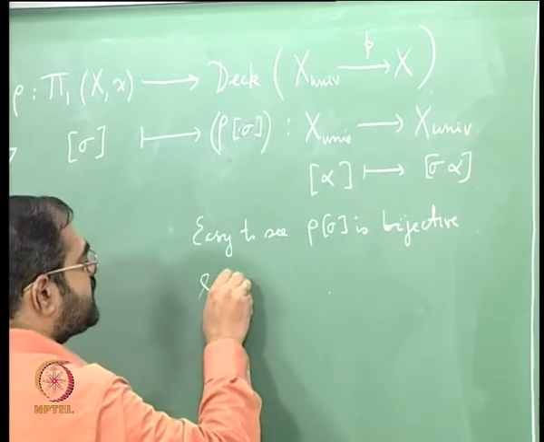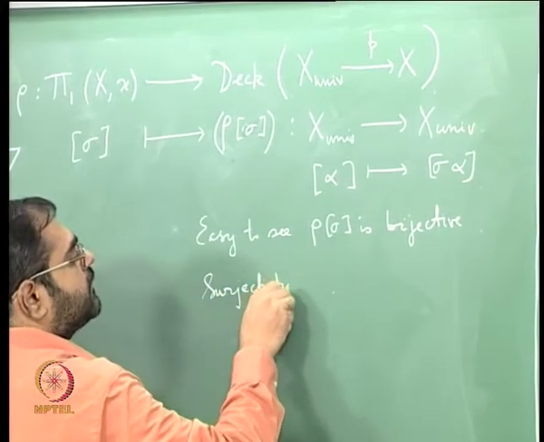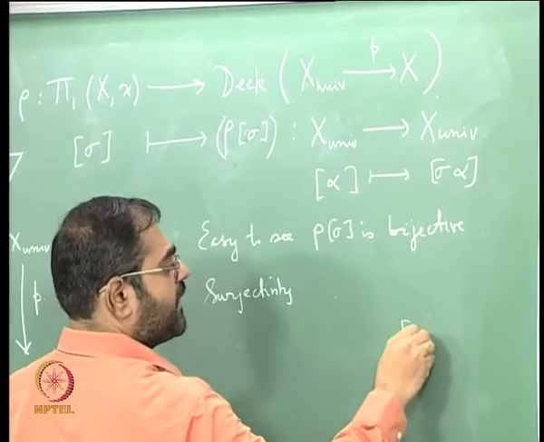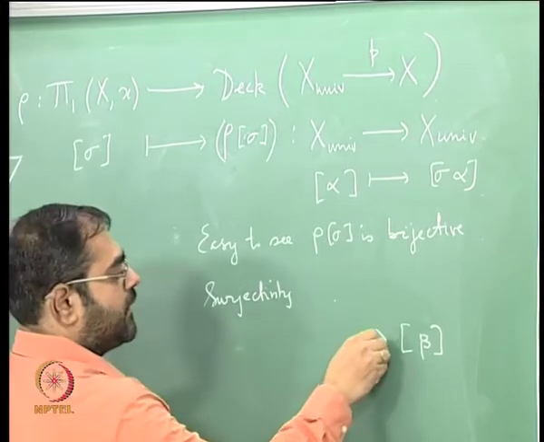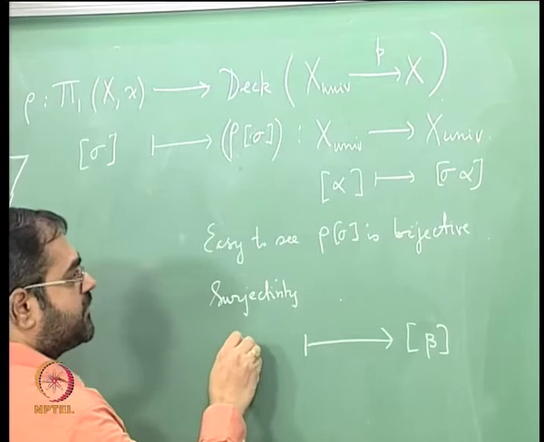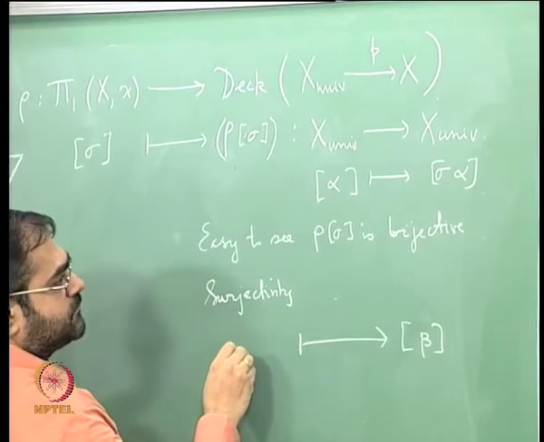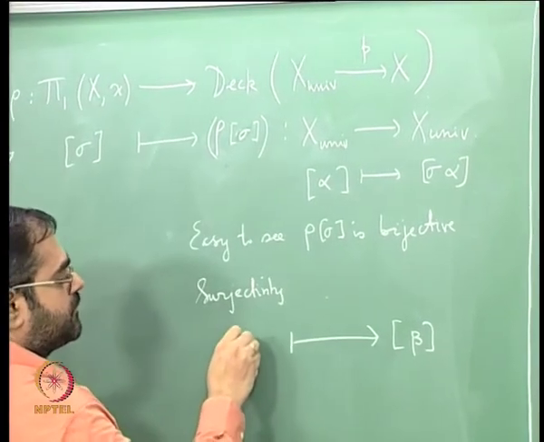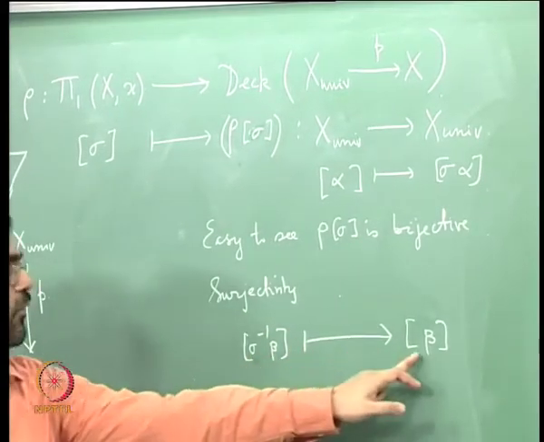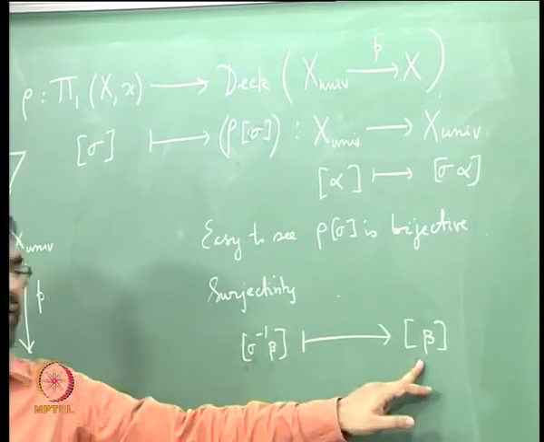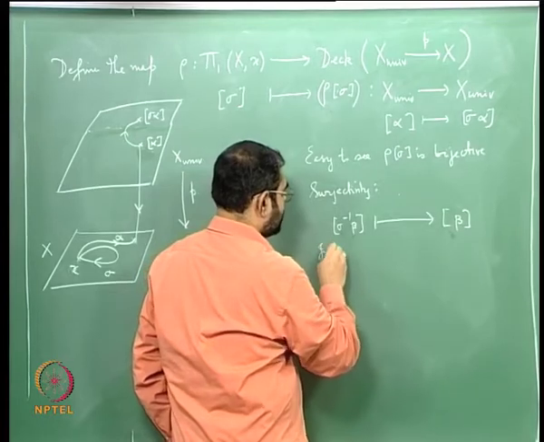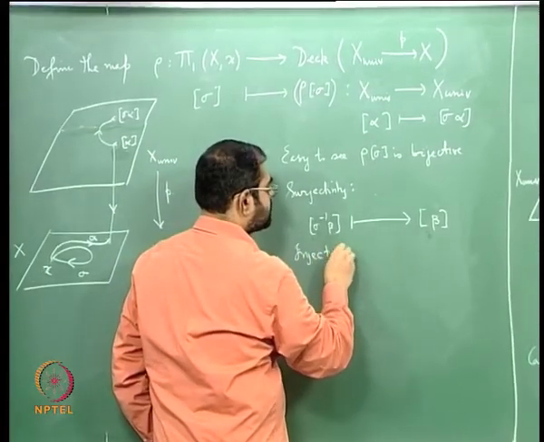Because you see surjectivity, if I want to get hold of a beta, okay, then I have to just take sigma inverse beta, okay. This will go to sigma inverse beta, which is beta, okay. So this is surjectivity, and injectivity is obvious.